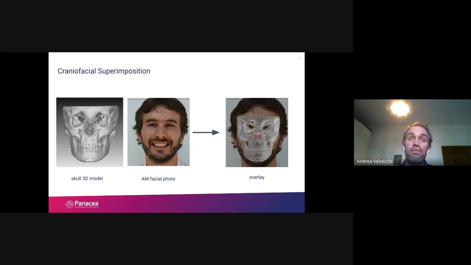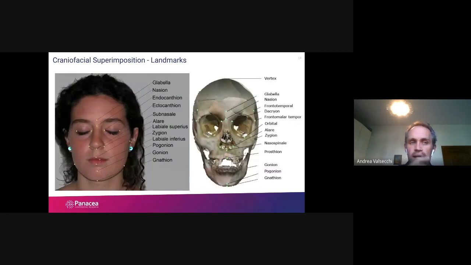So we cannot expect to look at the overlay and see immediately if the superimposition is correct. In our heads, we need to take into account that the surface of the skull is covered with a layer of soft tissue that basically makes up the face. So to make our life a little easier, what is usually done is to take into account craniofacial landmarks.